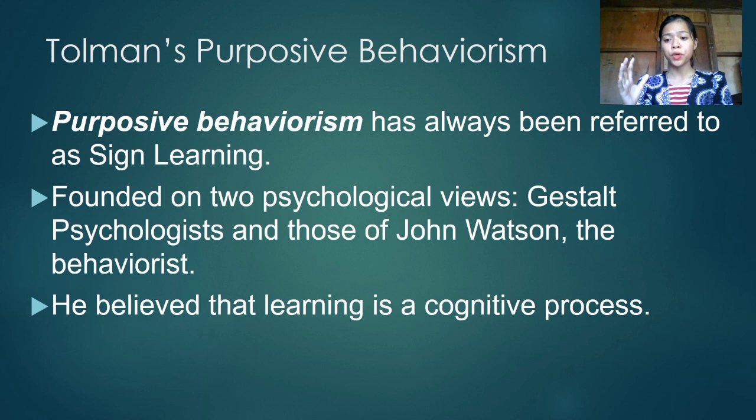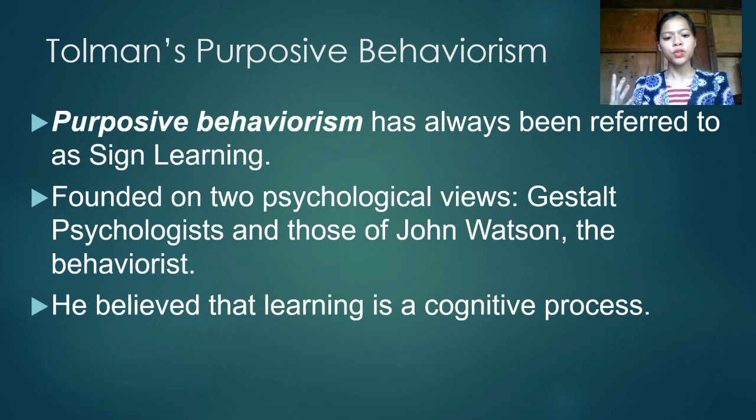Both theories are influenced by behaviorism, which is focused on external elements in learning. But their principles also reflect the cognitive perspective, or a focus on more internal elements. So let's talk about Tolman's purposive behaviorism. What is purposive behaviorism? It has also been referred to as sign learning theory and is often seen as a link between behaviorism and cognitive theory.